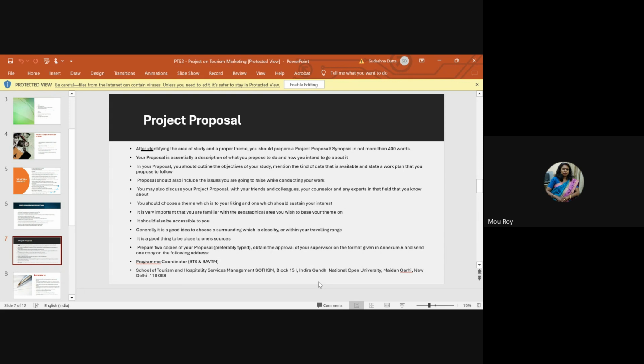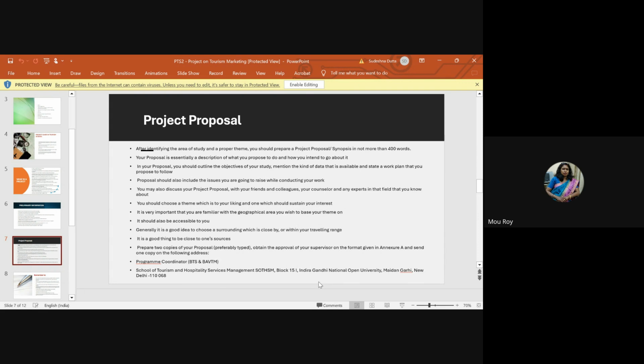Now, your proposal is essentially a description of what you propose to do and how you intend to go about. As I told you, the synopsis is like a short story.